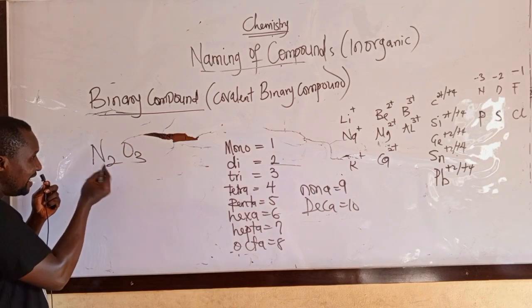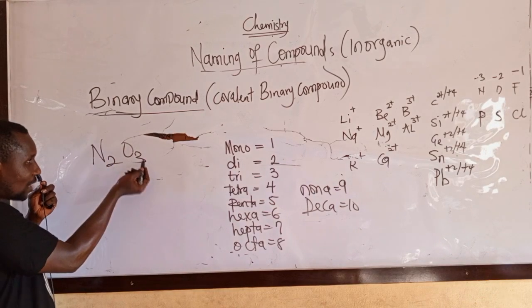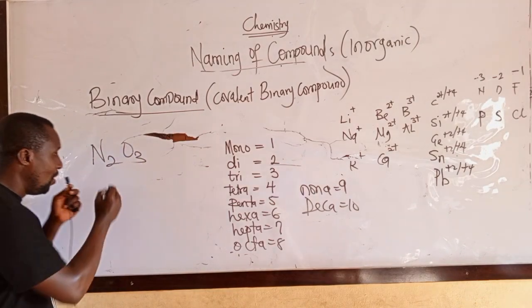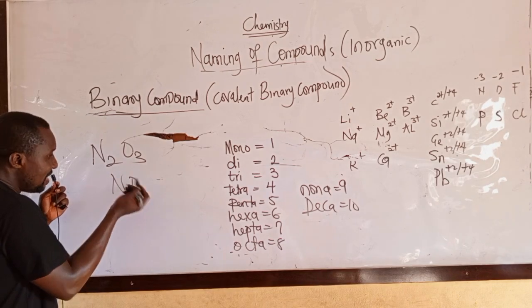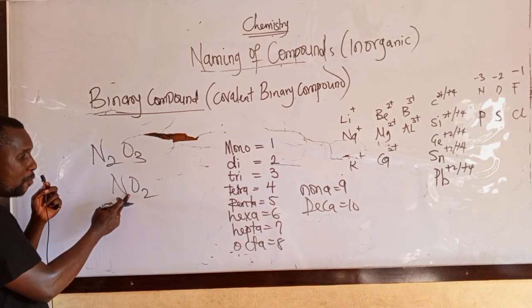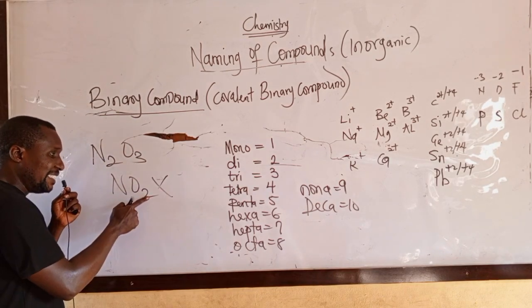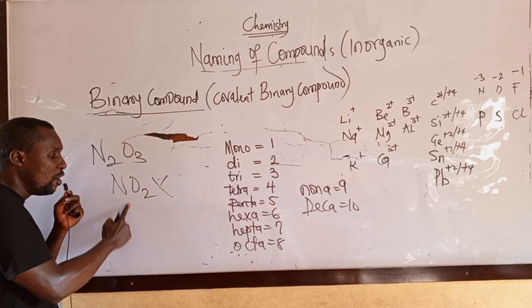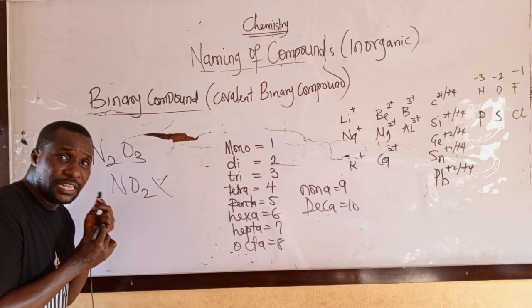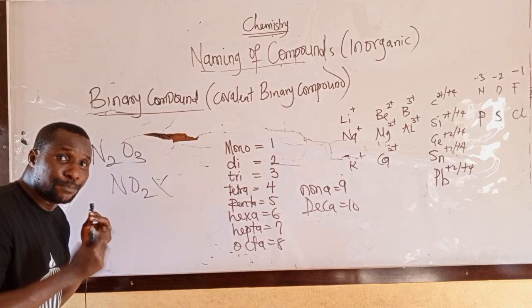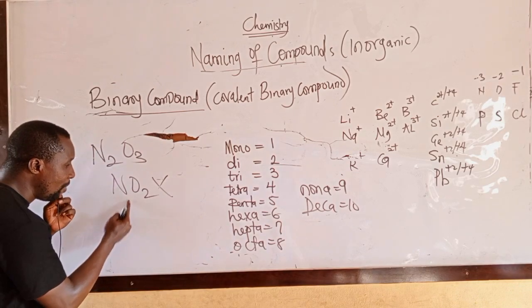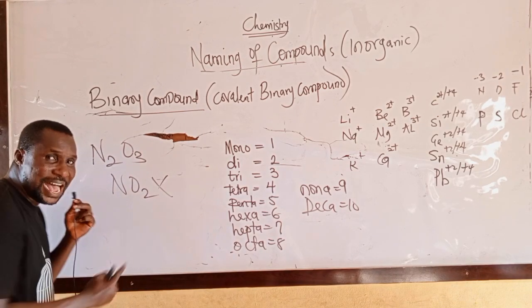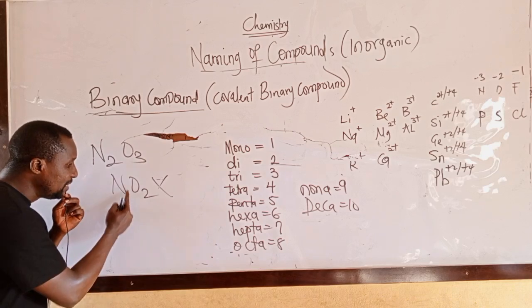This one I will say nitrogen trioxide. You are right. But in this case, if let me assume it is this, you can't say mono nitrogen dioxide. The only thing, don't give the first element, the first non-metal, a prefix if the number of atoms in it is 1, if the atomicity is 1.